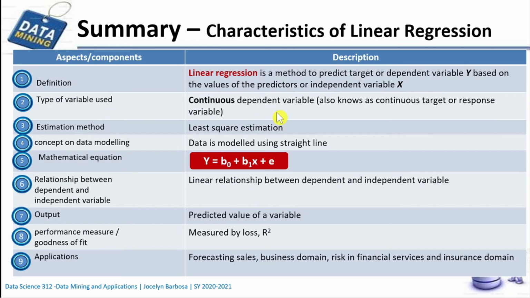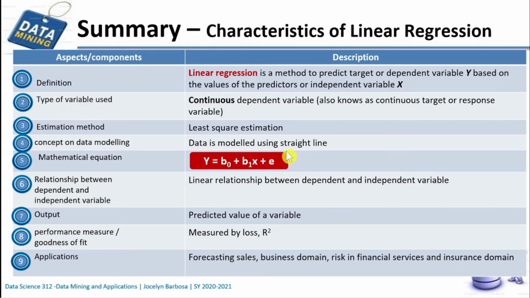That's a continuous dependent variable, as you can see in our previous demonstration. The estimation method is least squares estimation. Selecting the line with the least error will be the line of linear regression, or regression line, or the best fit line.